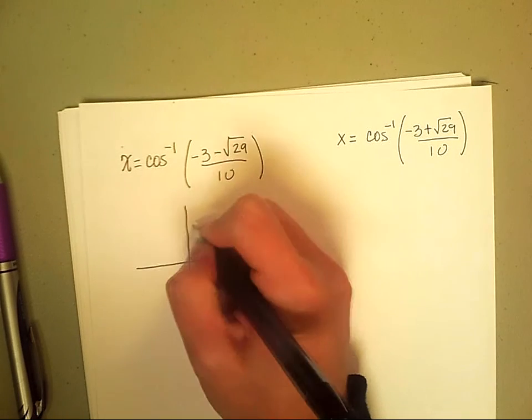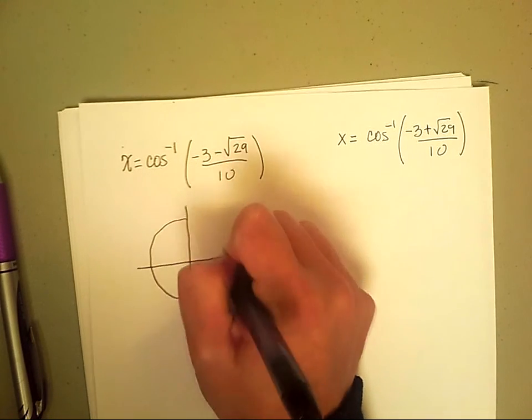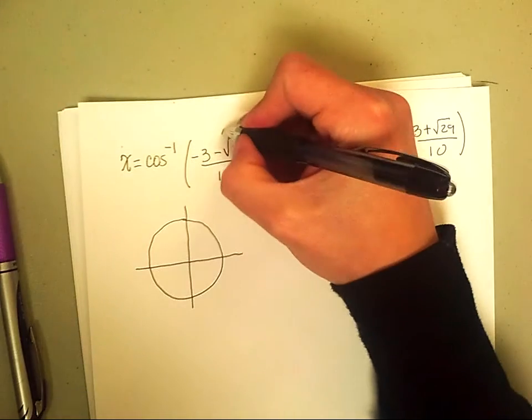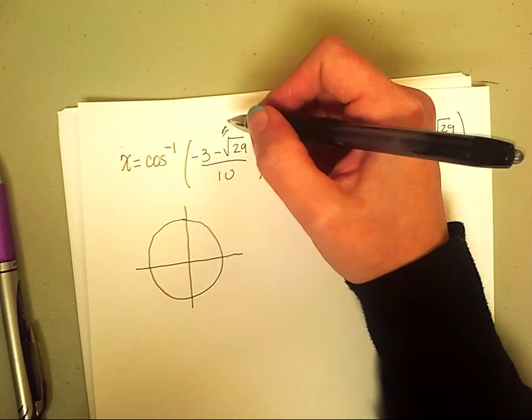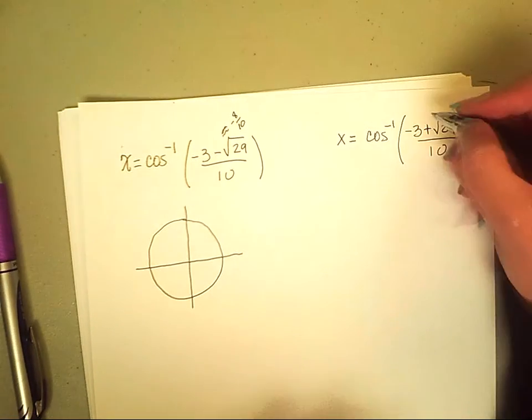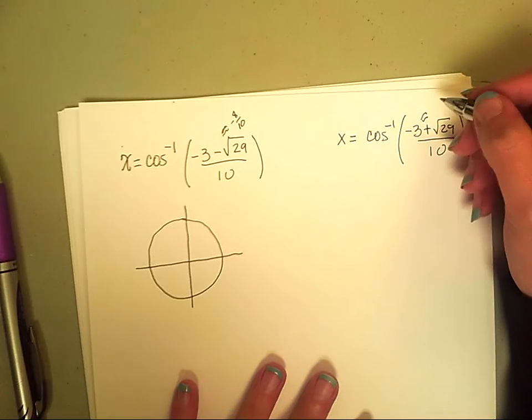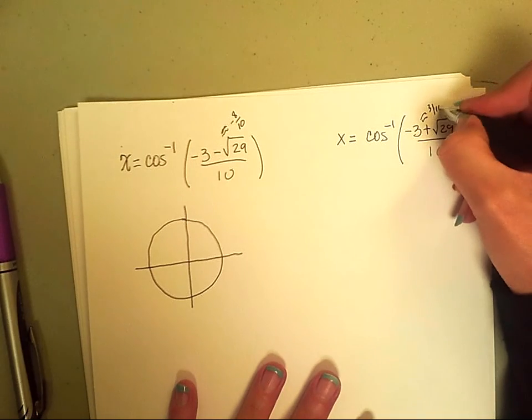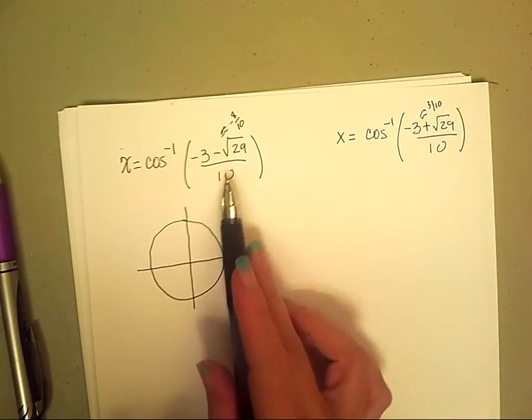Now let's draw our unit circle so we can see how many solutions we'll have. We said that this number was approximately negative 8 tenths, and this one was approximately 3 tenths.